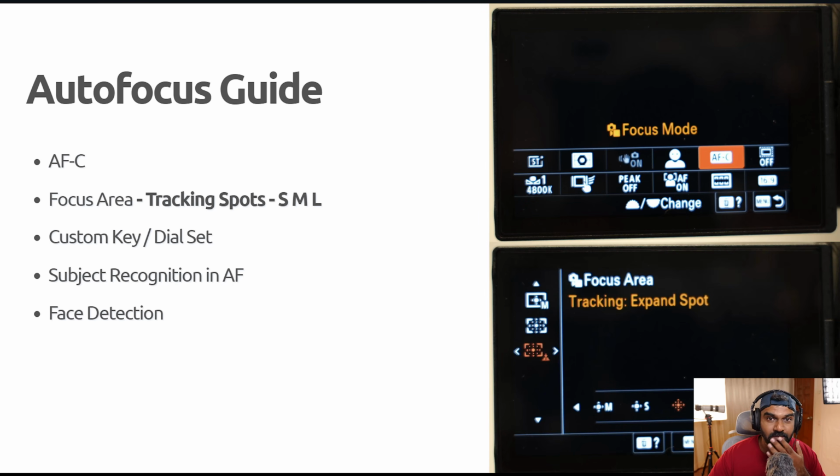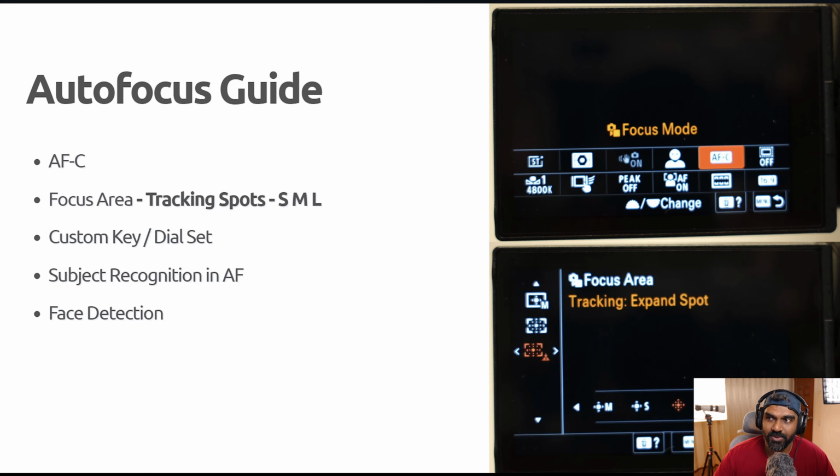Here, coming to the camera gear, autofocus guide. This was something I really missed initially because I am very used to using the AF area zone mode. In the zone, I pretty much put the subject and probably recompose, and I usually get the proper picture with just the zone AF.